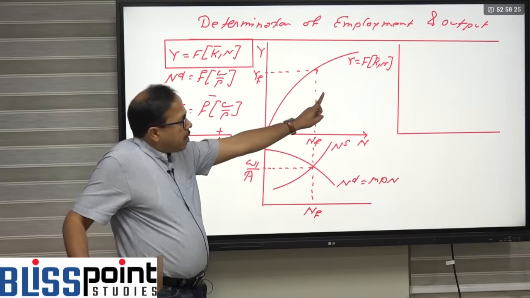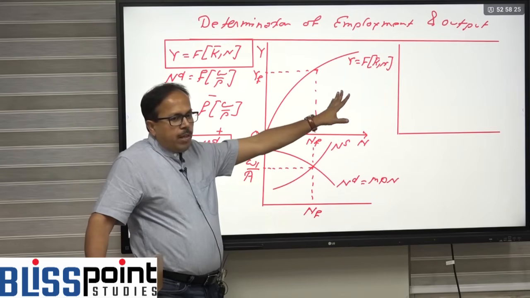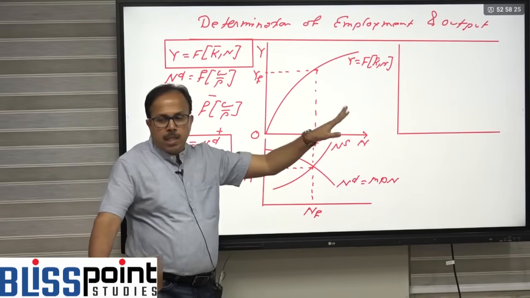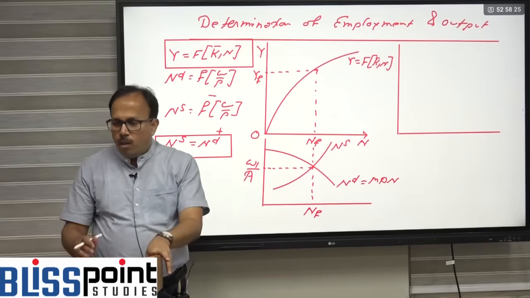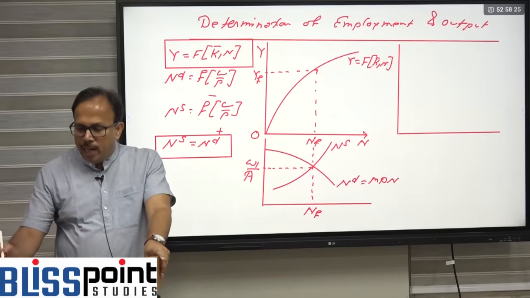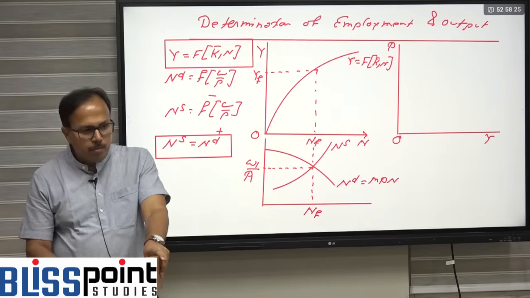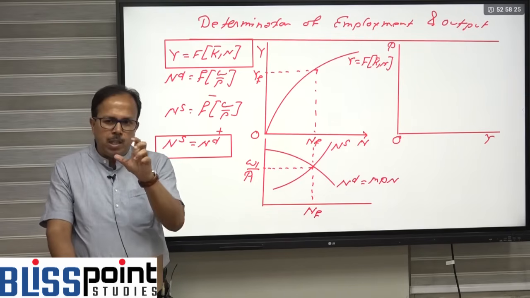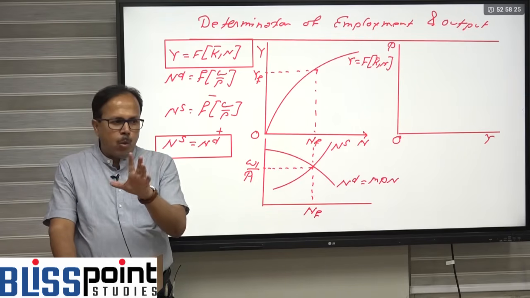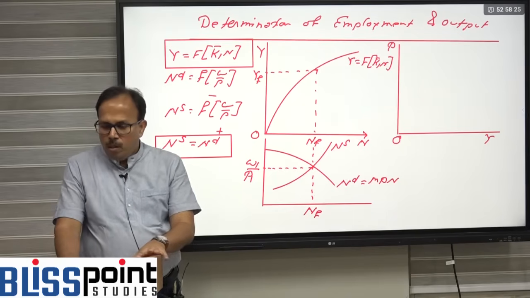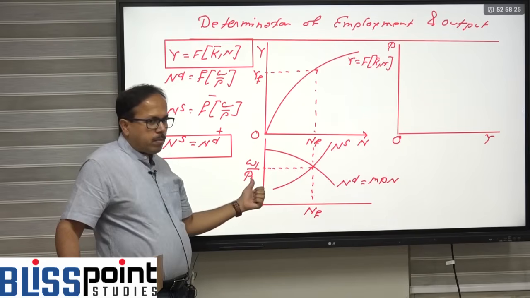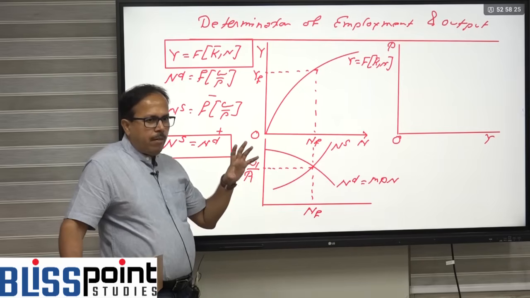Now in the third diagram, we will derive AS, the aggregate supply curve, classical AS, which is the first tool. Whenever you draw AS or AD, what will you write on the axis? On the axis I will take price and output, P and Y. Between price and output is the relation. So what is the price here? P1. So it is a given number.